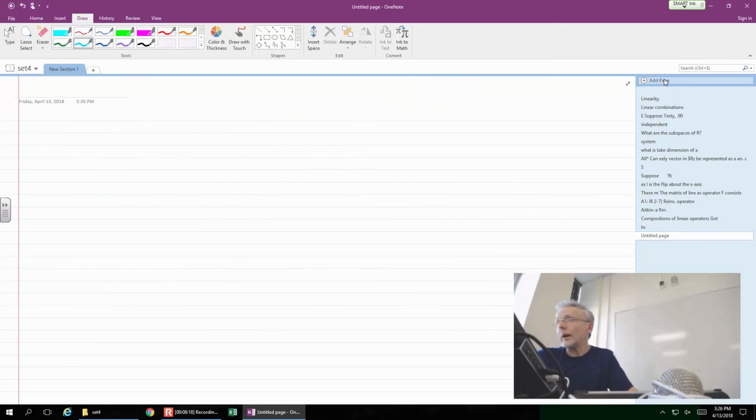What we care about is the equation. Why do we care about compositions? Because it allows us to understand the meaning of the inverse.